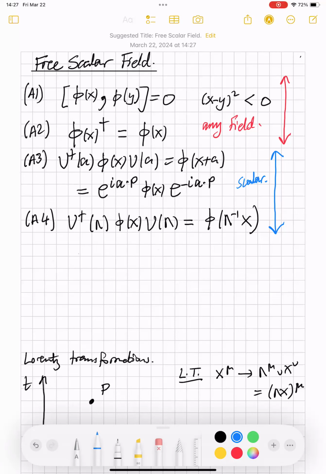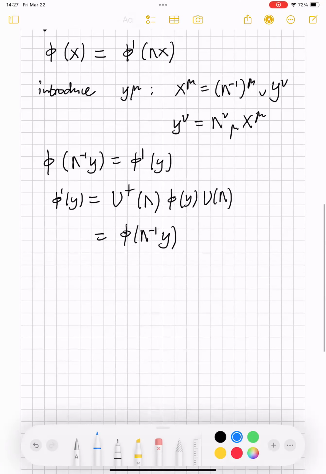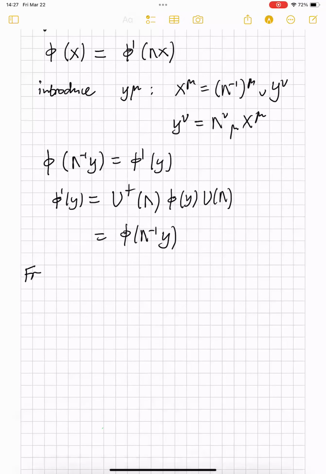We're going to write down one more axiom, and that's going to be the axiom which tells us what it means to have a free field. Now, remember our logic. We said a free field means that the energy spectrum is additive, okay?